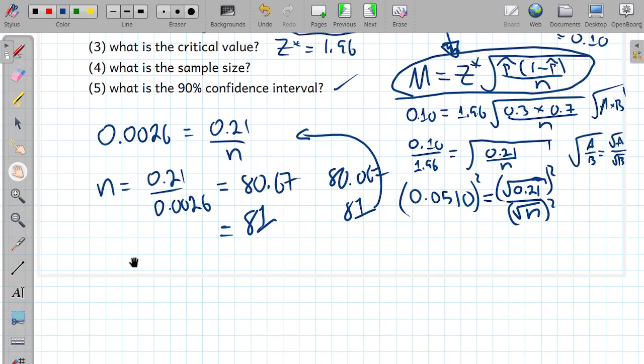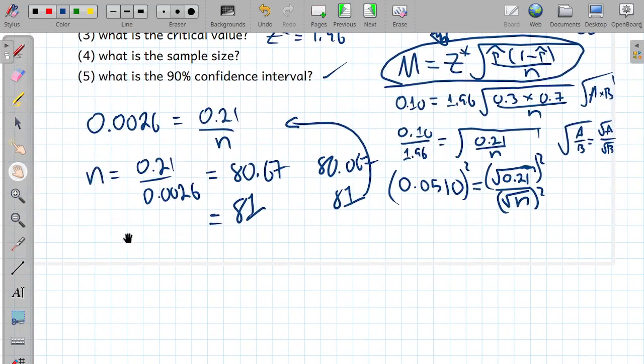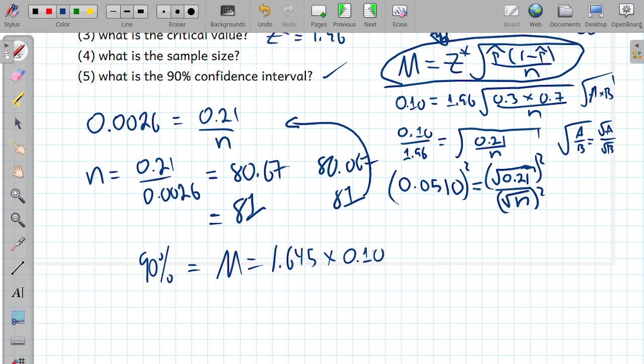Let me just move this screen a little bit. So if we want 90%, the rescaling will give us a new margin of error. We're going to swap out the 1.96 for 1.645. The margin of error isn't going to, or pardon me, what am I talking about? The standard error is not going to change. It's still 10%. So if we do that, what do we get?